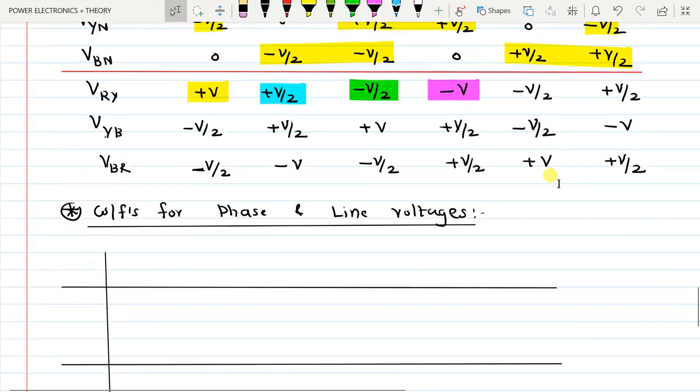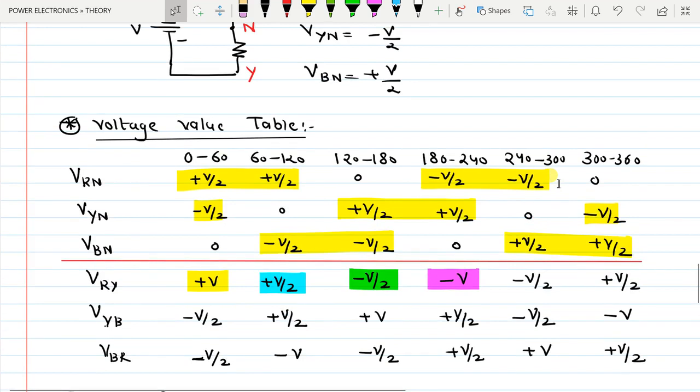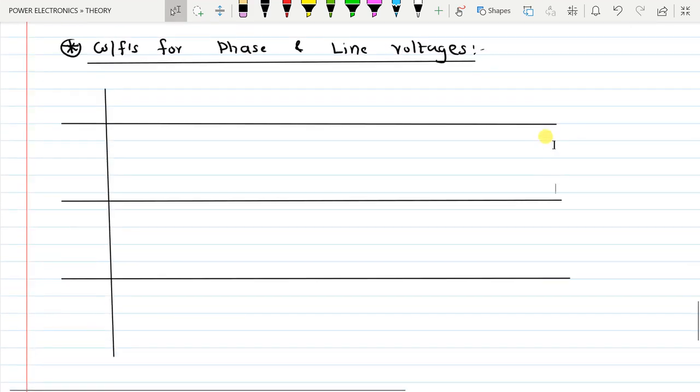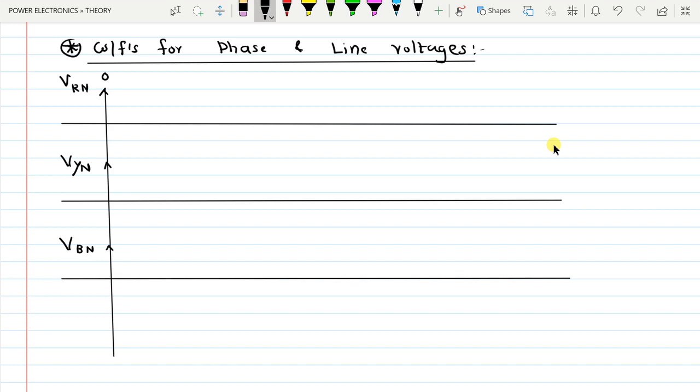So phase voltages have three levels: plus V by 2, minus V by 2, and 0. So VRN, VYN, VBN, with 0, 60, 120, 180, 240, 300, and 360.